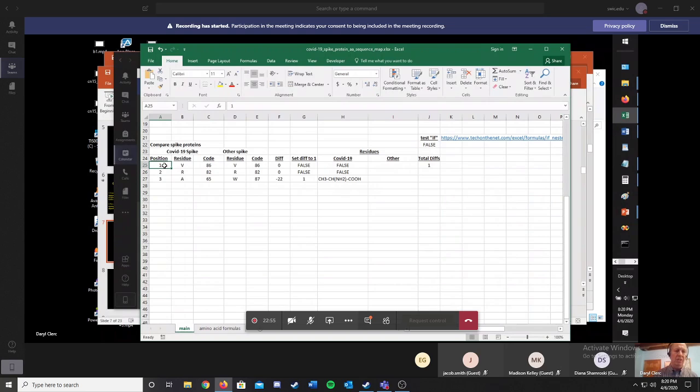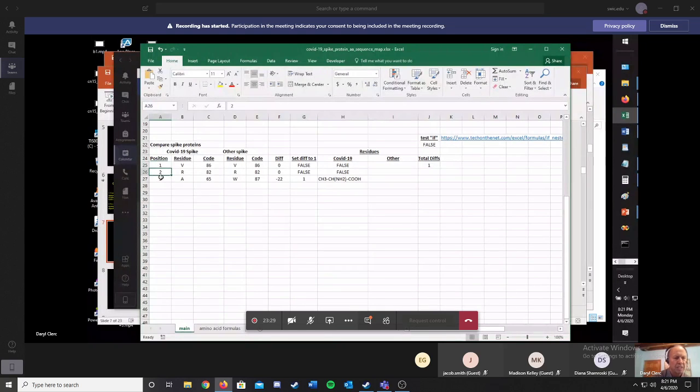If I wanted to not type that in all the time, I could, in cell A26, right here, it has the cell displayed, A26. It's just like the battleship game. If you remember, there's a grid of columns and rows, and you have ships positioned here. Like if a ship was right there, that would be G31. So G31 is displayed there. It's a coordinate. So here, the first position is A25.